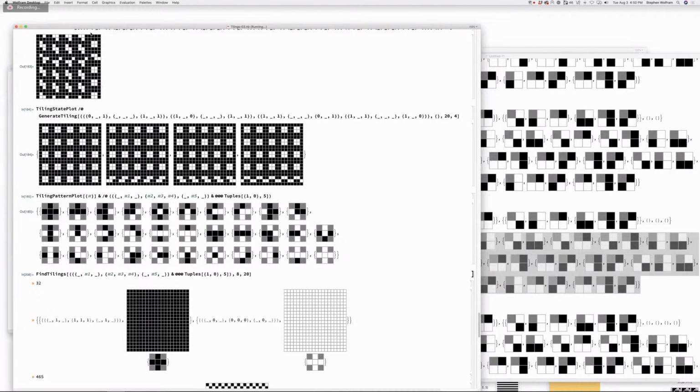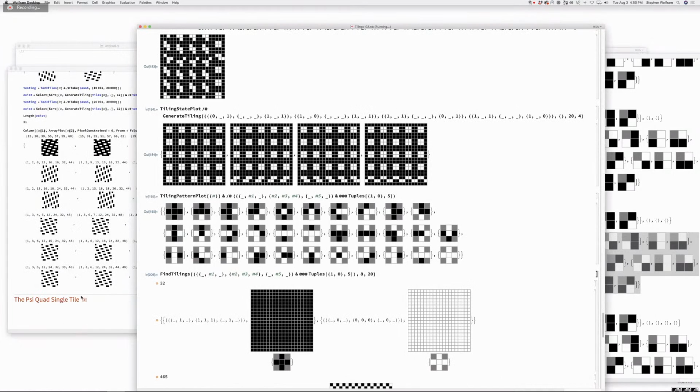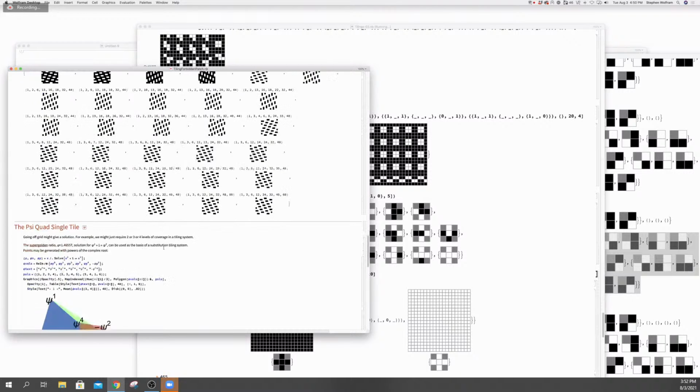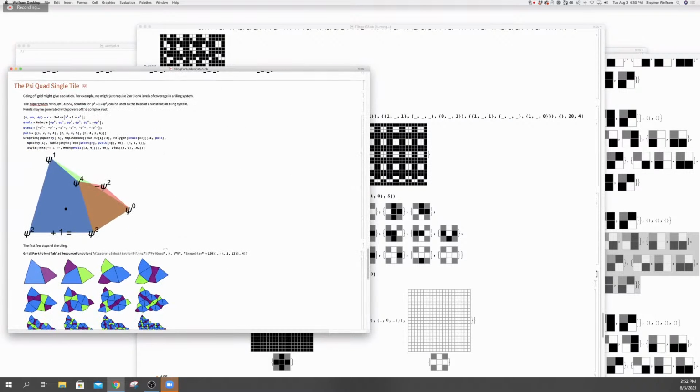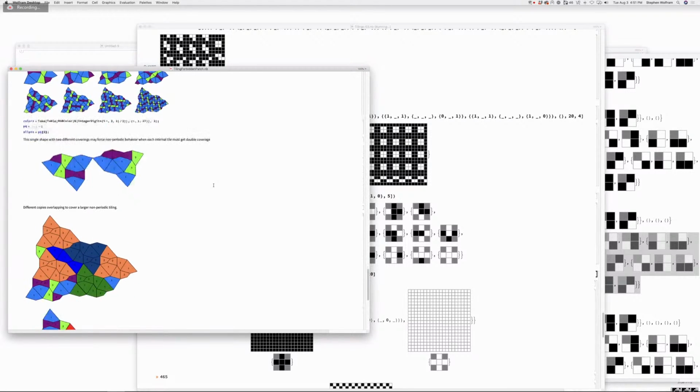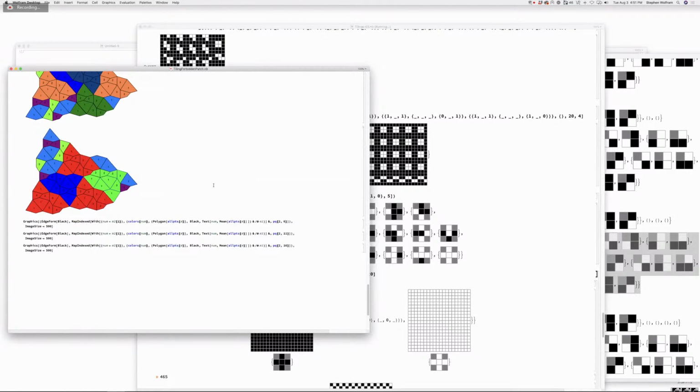Okay, you said you had one more thing, that thing at the end of the notebook. This is a non-periodic tiling system that can be forced using overlapping tiles. Does it make a nested pattern? Well, it's a non-periodic nested pattern, yes.